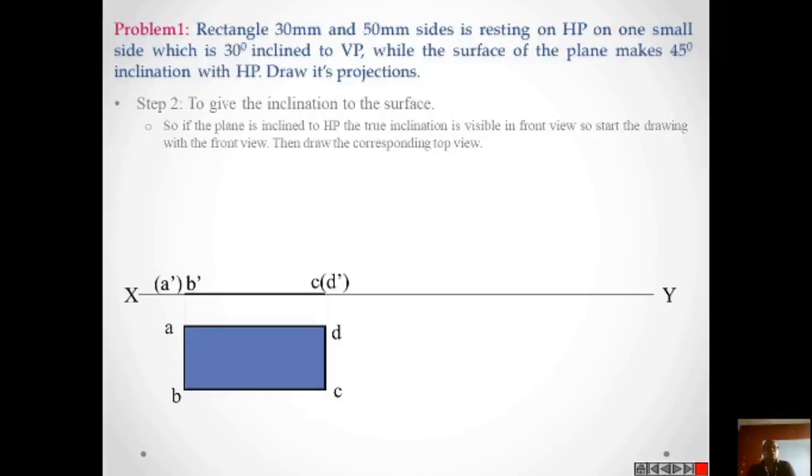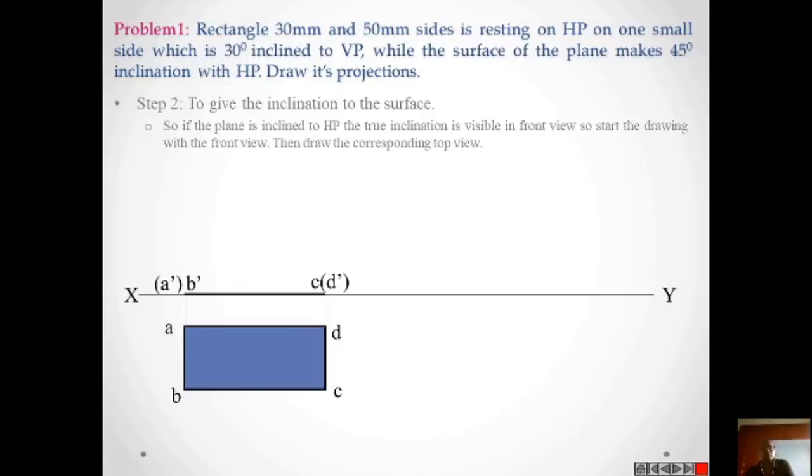As we discussed earlier, if the plane is inclined to HP, you will see that angle in the front view. Here, how is the plane? It is parallel to HP and perpendicular to VP. Now we have to keep it perpendicular to VP and make it inclined to HP.